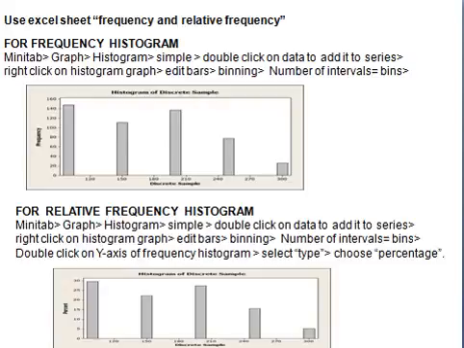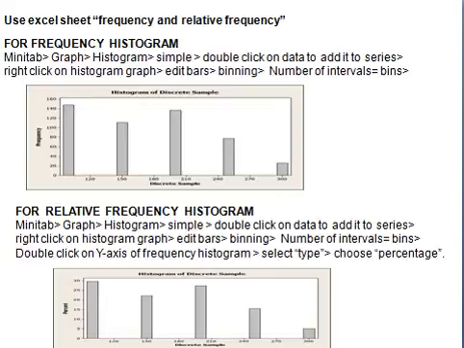Here are the steps which are for students, and it's their assignment to draw frequency histogram and relative frequency histogram. But remember that instructions are for Minitab, so it's a very good idea to download Minitab software and then follow the instructions which I provided on this particular slide.